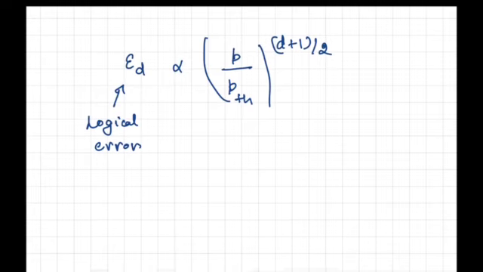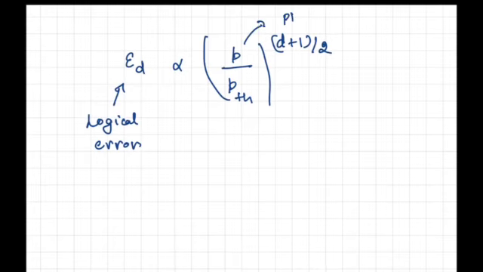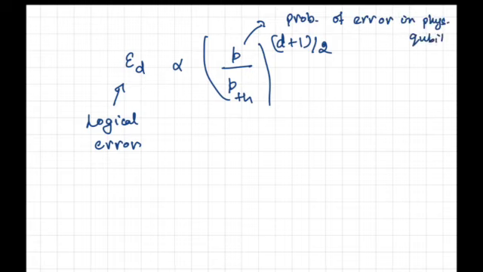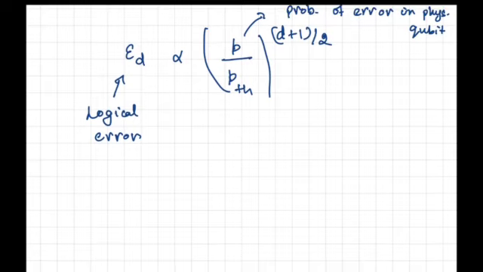This is the probability of error in the physical qubit, and this is the threshold probability of the error. And D is a very important parameter here, which we are going to change in the system.